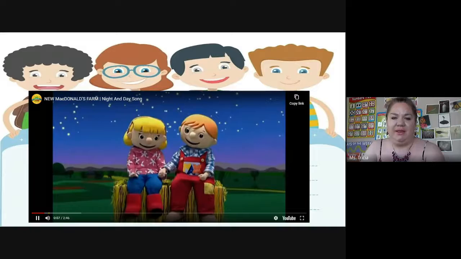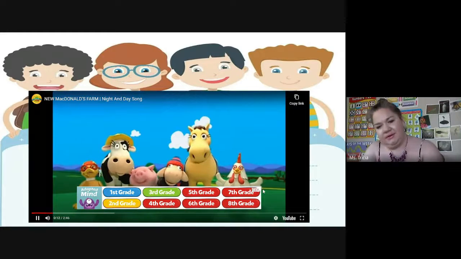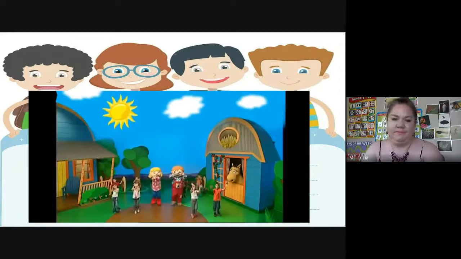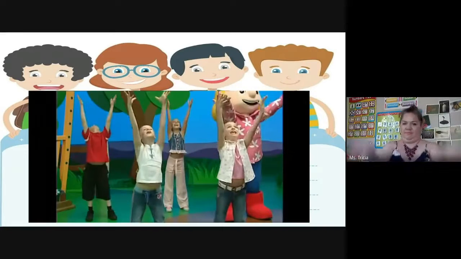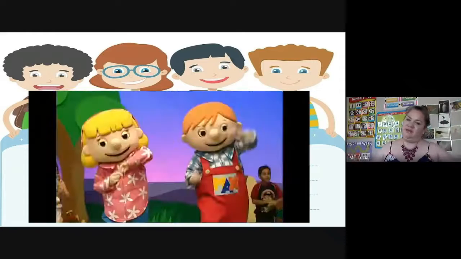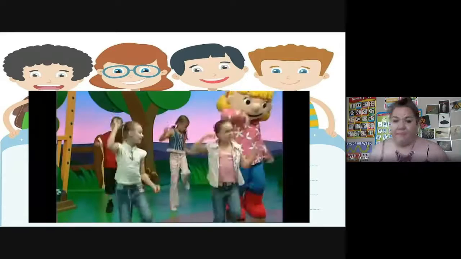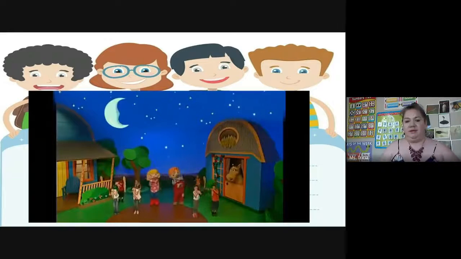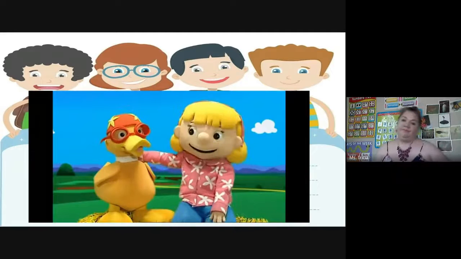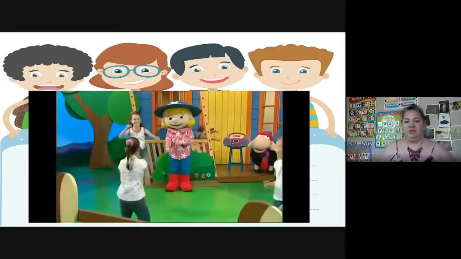Moon comes out in the night. Sun comes out in the day. In the morning when our eyes are open, there's so many things to do.